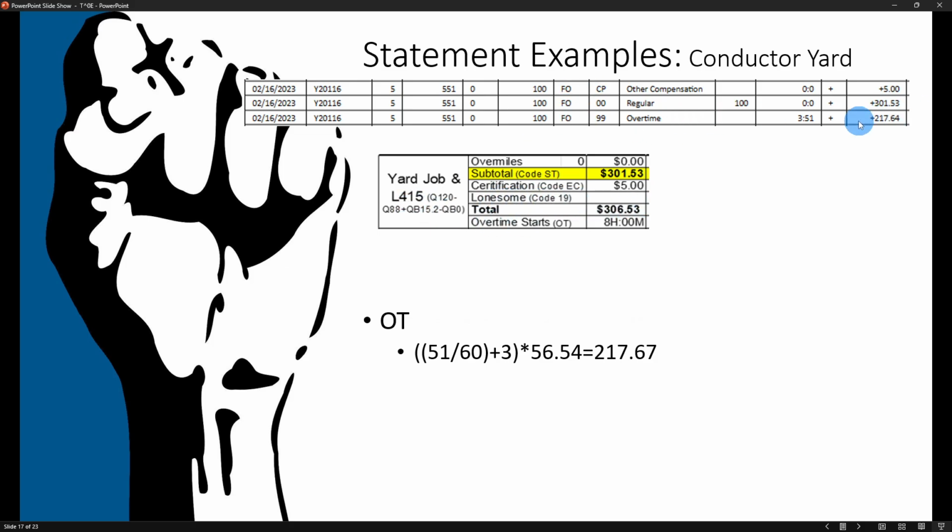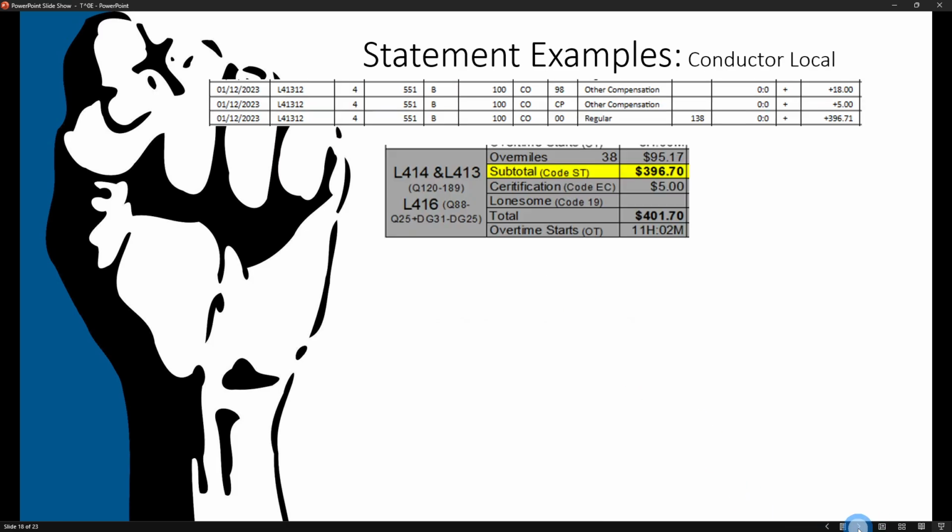Okay. Overtime. So what we have here is 3 hours, 51 minutes times the overtime rate at the top of the card. Okay, local 551 rate code.